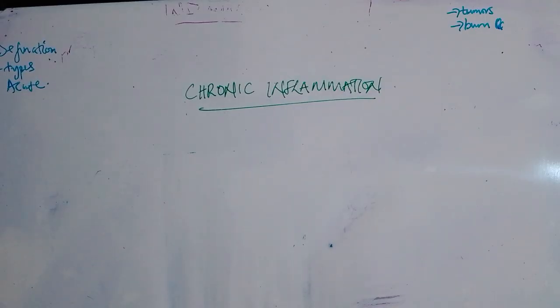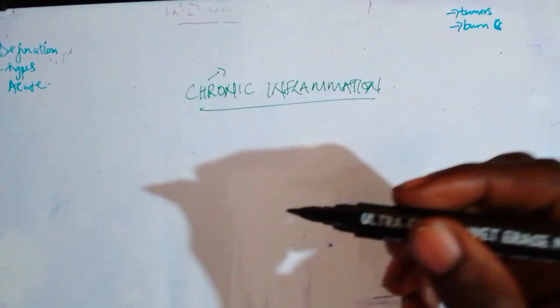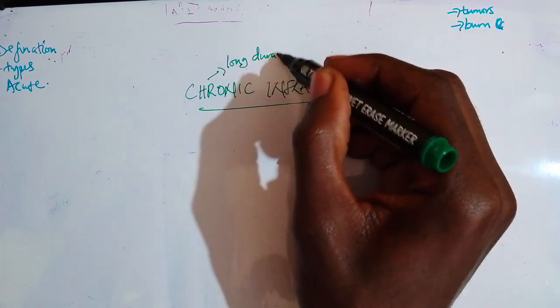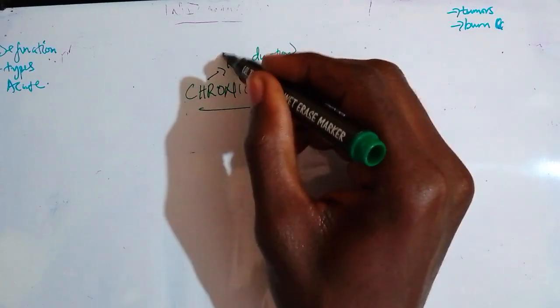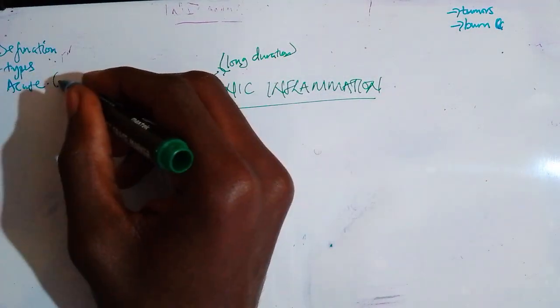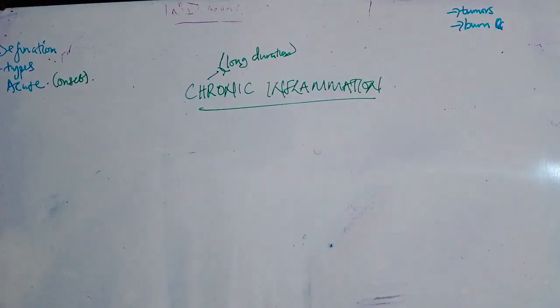When you are talking about the term chronic, this means long duration. We said that when we are talking about acute, it's onset. So whenever you hear the word chronic in front of something, just know that this is something which is occurring for a long time.